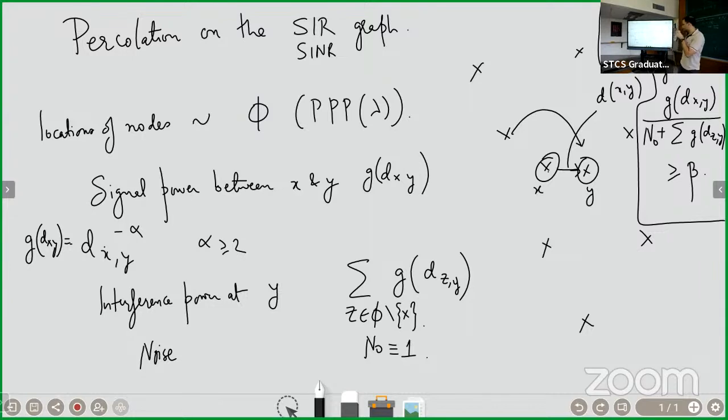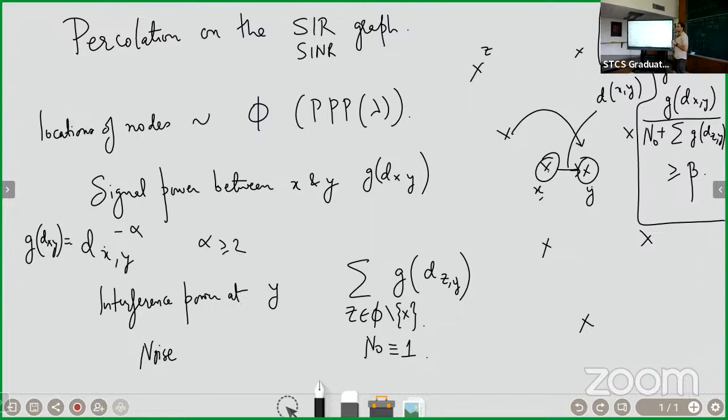We are defining the interference at y with respect to some particular point x. So with respect to the x-y communication, what is the interference received at y will discount the power received from x, which is the signal power. Everything else I'm counting in the interference.